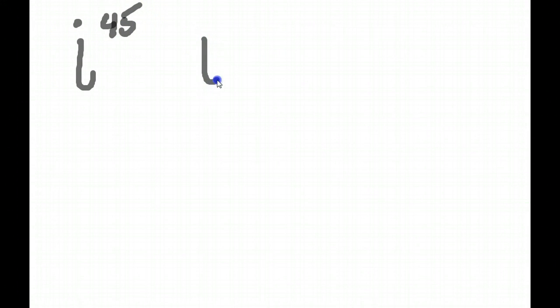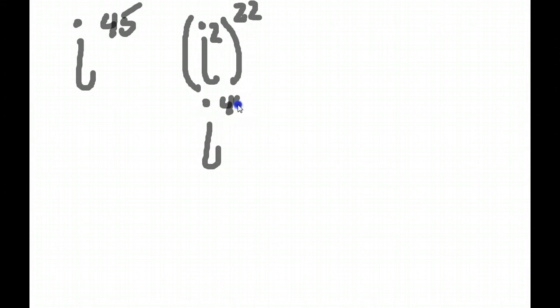So we can say i times i squared, because we want them to be squared. Looking at 45, 2 times 22 gives us 44, which is 1 away from 45. So if we have i squared raised to the 22nd power, that's the same as i raised to the 44th.